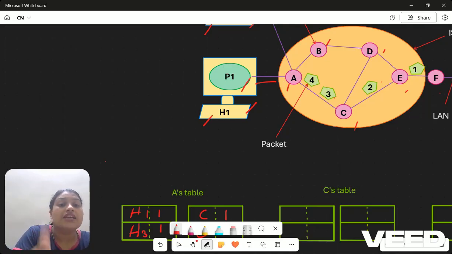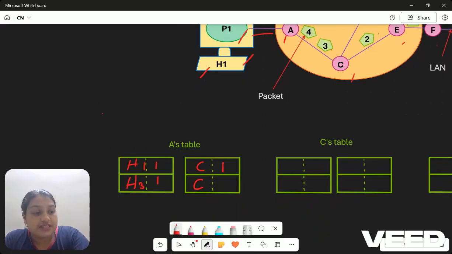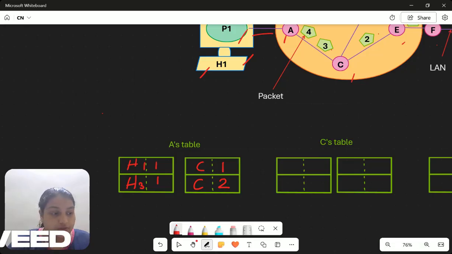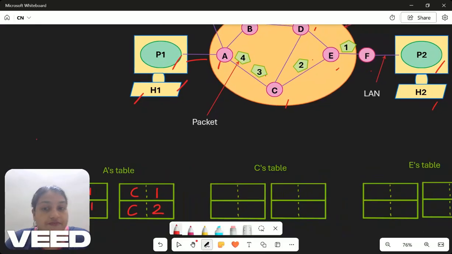If we give both packets identifier 1, the routers will be confused about which host has sent it. So the second one I'll give as 2. Now I'm looking at C stable. C stable means, from where is it coming?